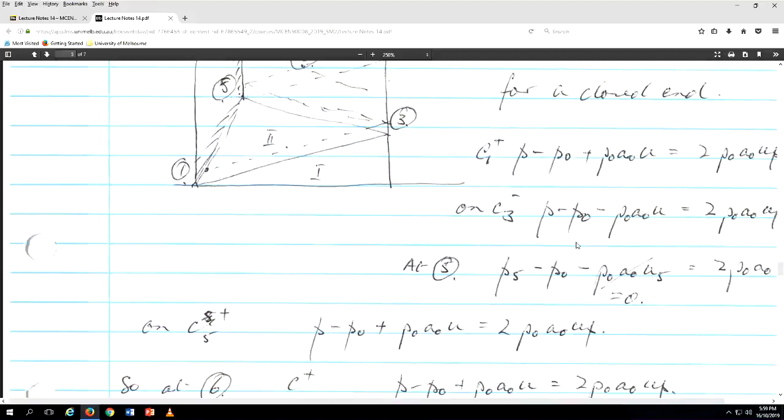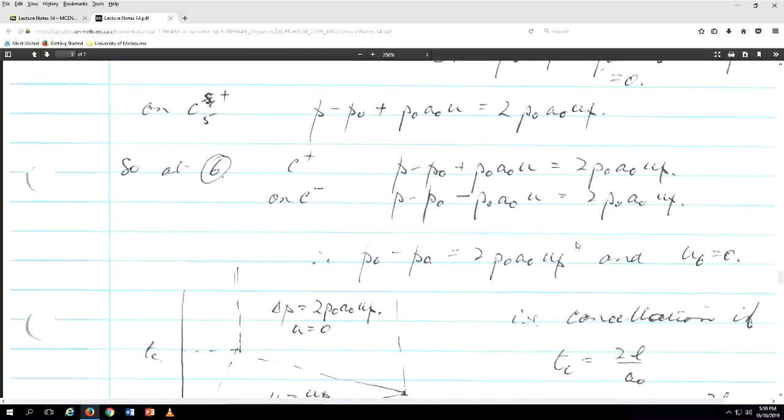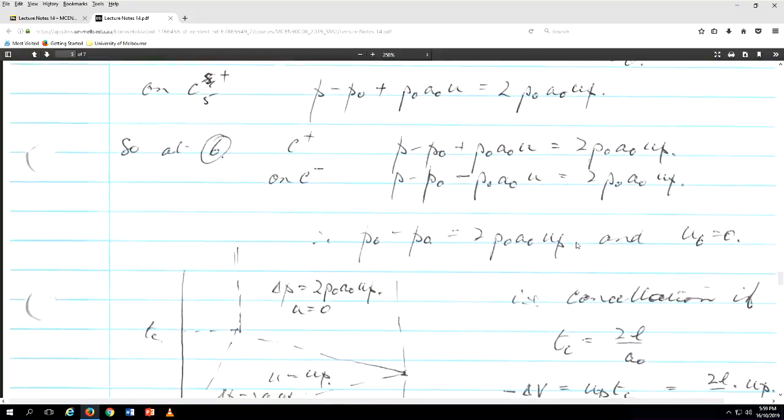So at 6 here, I have a plus characteristic from here, which I just worked out, is this constant, and the minus characteristic from 3, which intersects it, is P minus P naught minus rho naught A naught U is this.